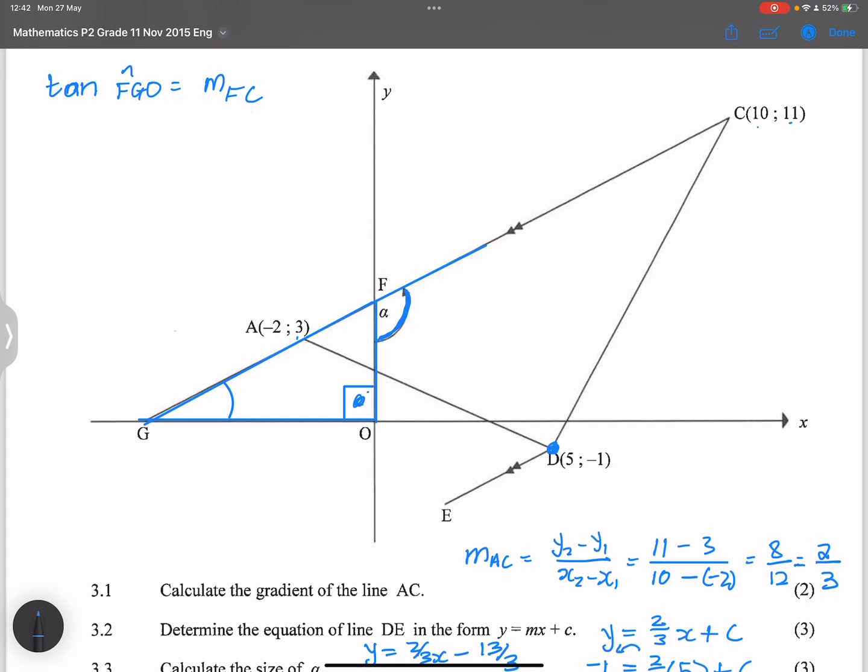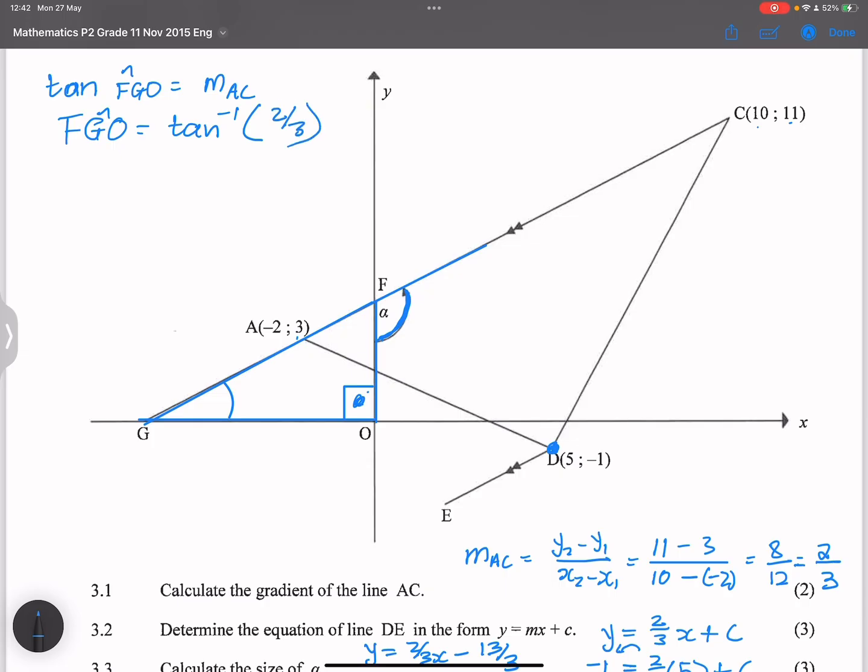The line AC, rather, not FC. I'm still writing FC for some reason. So now, which means angle FGO would be the arctan, the inverse tan of the gradient, which is 2 over 3.